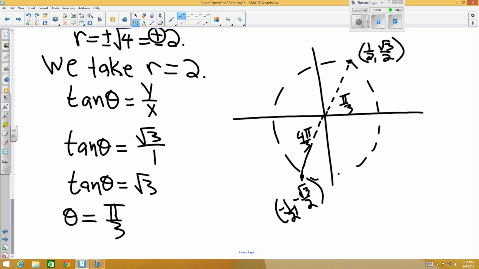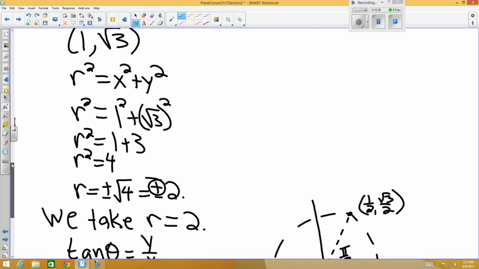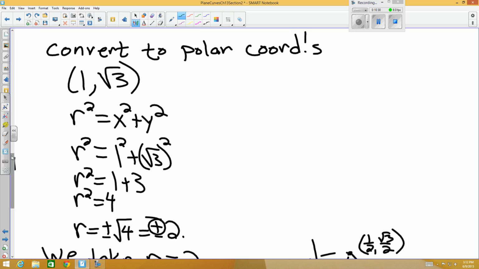So we have to know which one of them is actually correct because they both have the tangent equal to square root of 3. Here's where we have to go back a little bit and see where was our original point. Our original point, both coordinates are positive, so this is in quadrant 1.